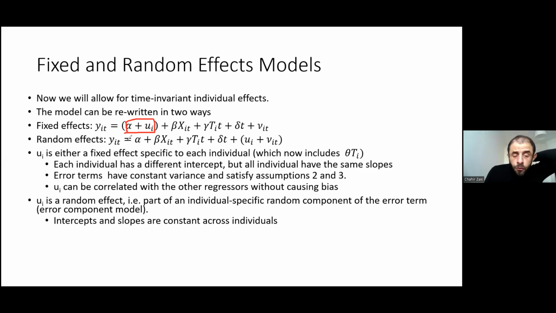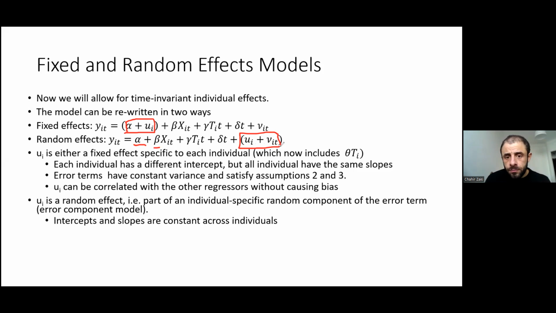Okay? For the random effects, I do not do that because I am going to have the same intercept for everyone, the same slope. So it's basically an OLS, but I will combine this individual effect with the error term.